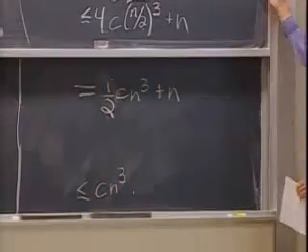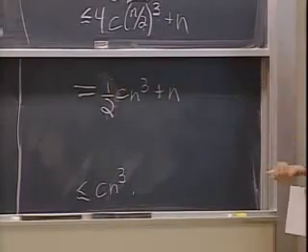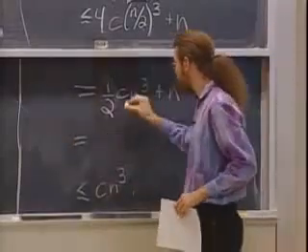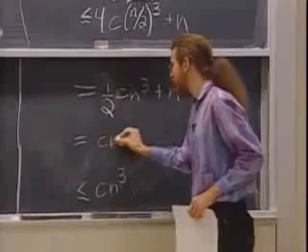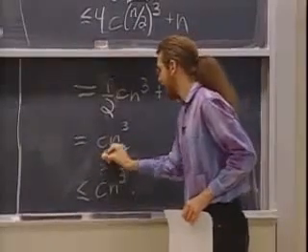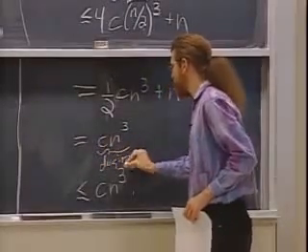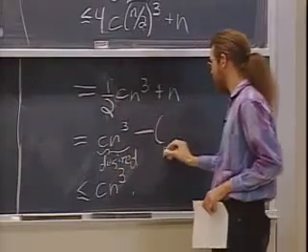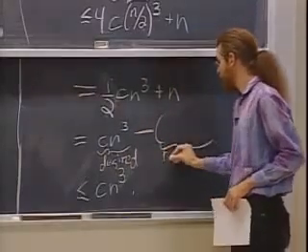That's what I'd like to prove to reestablish the induction hypothesis for n. So what I'll do in order to see when that's the case is just write this as what I want. So this is sort of the desired value, c times n cubed, minus whatever I don't want. So this is called the residual.